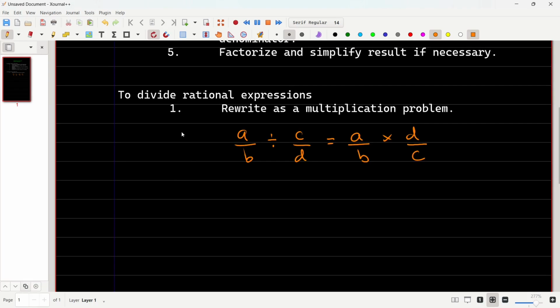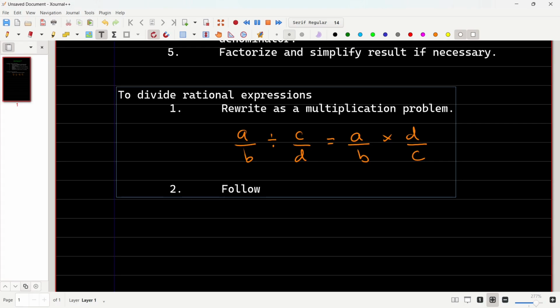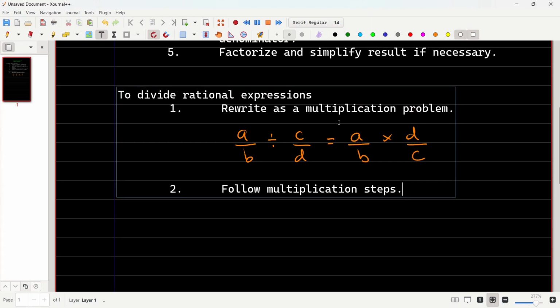Once you have this rewritten, the next thing you have to do is simply follow multiplication steps. And this is, as I said, very straightforward. So I'm going to do the examples, and it's going to be a mix of division and multiplication. And let's face it, as long as you rewrite, you'll be getting a lot more multiplication practice than division practice.